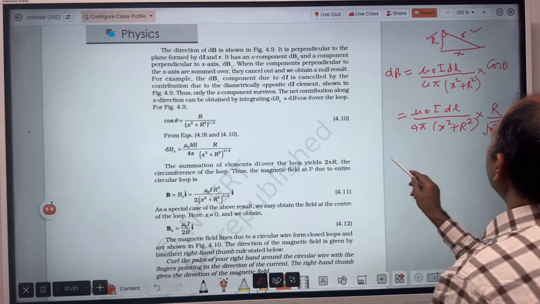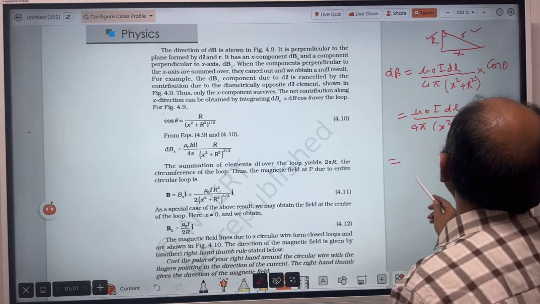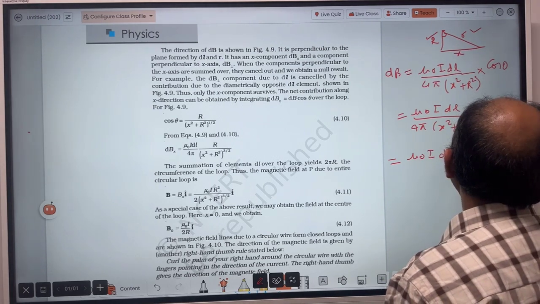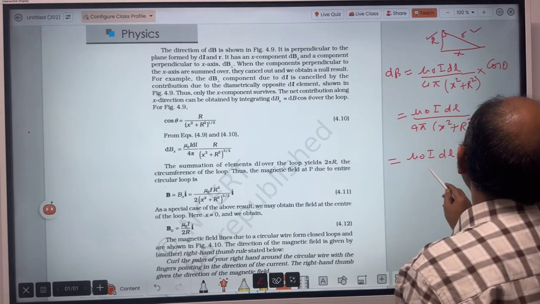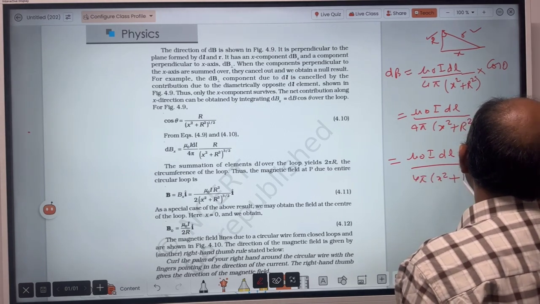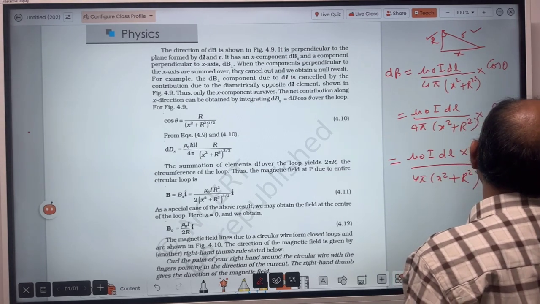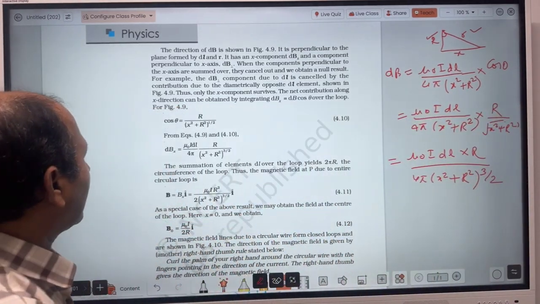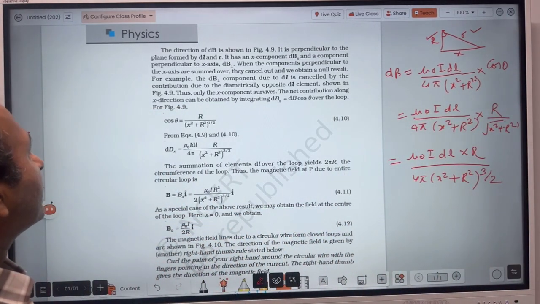If we further evaluate, what do we get? Mu naught I dl times R divided by 4 pi, x square plus R square whole power 3 by 2. The same thing is written here. Now we need its total value.